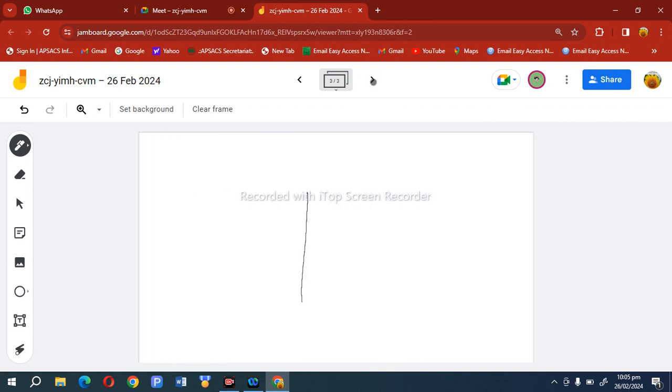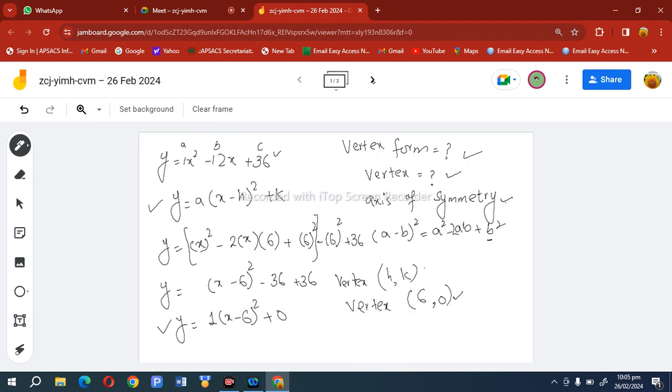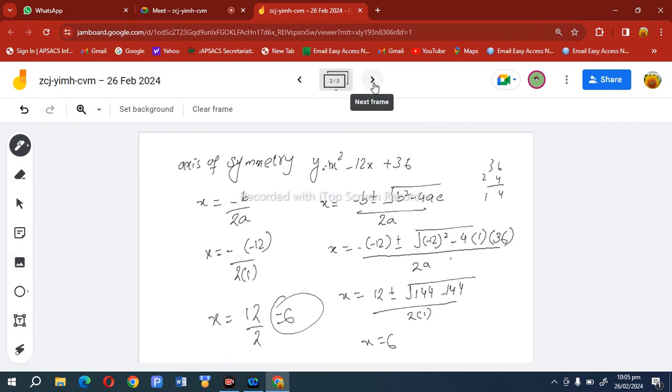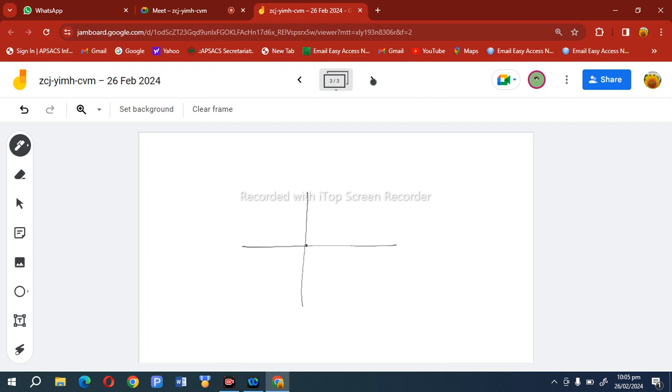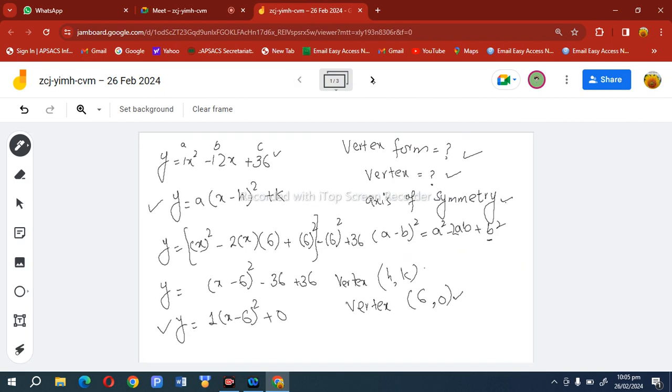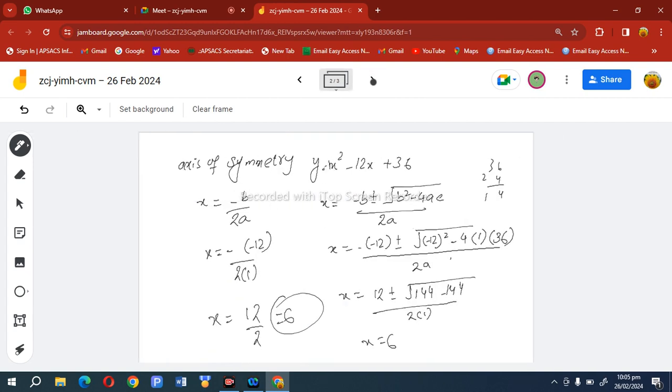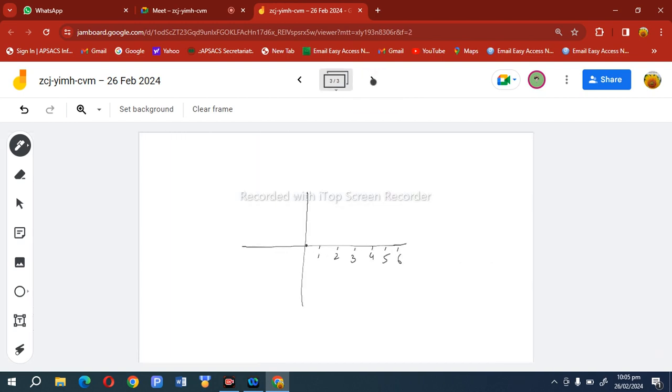Now to draw the graph, we have found the vertex, which is (6, 0), so x is 6 and y is 0. So we can mark it like this: 1, 2, 3, 4, 5, 6. The x-intercept is here, at (6, 0); this is the point they're talking about.